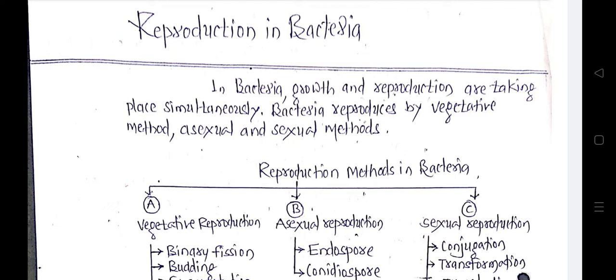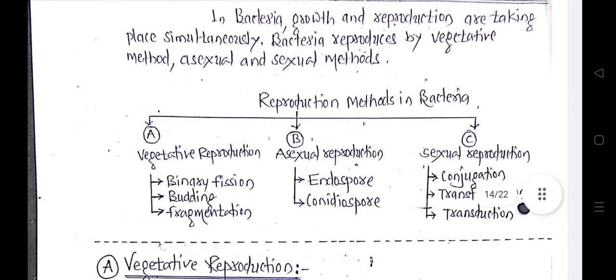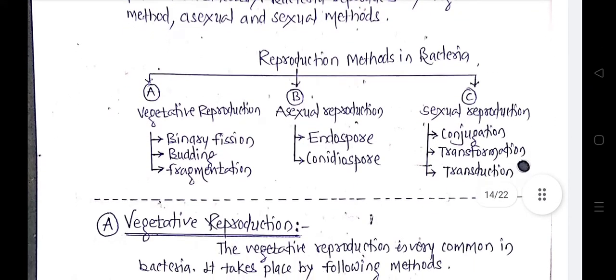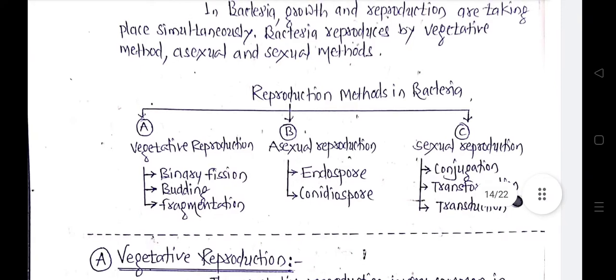Bacteria reproduce by the vegetative method, the asexual method, and by a sexual method also. So, reproduction methods in bacteria, as I told you earlier: in vegetative reproduction, binary fission, budding, and fragmentation are the modes of reproduction.